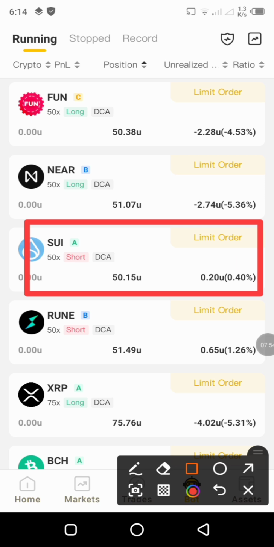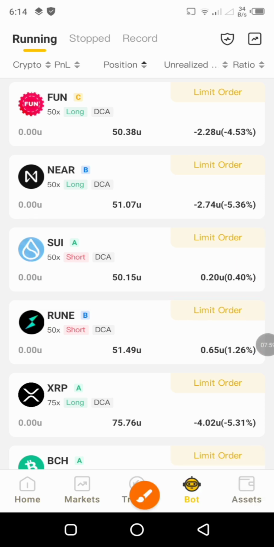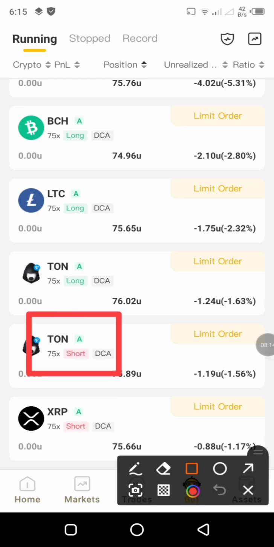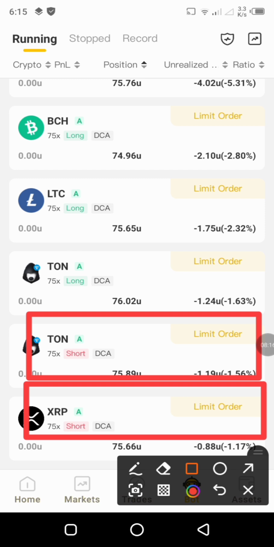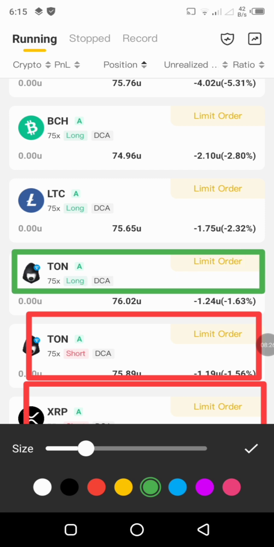As you can see, it's on short, on the Rune, and also on XRP and TON. These are the coins I was getting massive loss on. These are the ones that were long, then turned short. All the settings on long, you repeat on shorts. That's the strategy I was using to manage the trade, and it's also a strategy you use to avoid getting liquidated.